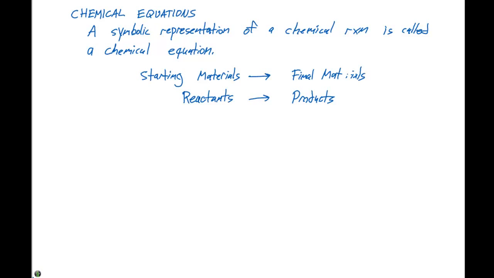So when we write these chemical equations, we can say that if we have sodium solid plus oxygen as a gas, the product that we observe is sodium oxide. And the sodium oxide is a solid.